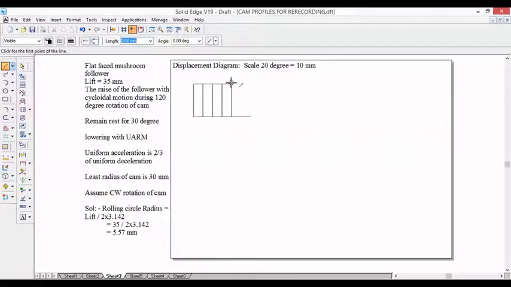For every 10 mm we are taking one division. This is the final one.